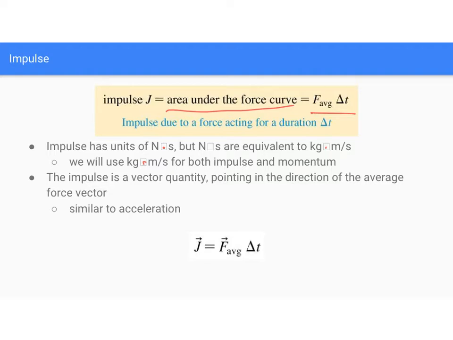So an impulse is a vector quantity which points in the direction of the average force vector. And one quick little note is this is actually going to relate to something a little later. So force is also mass times acceleration. So we'll take a look at how these things relate in the future parts of this unit.